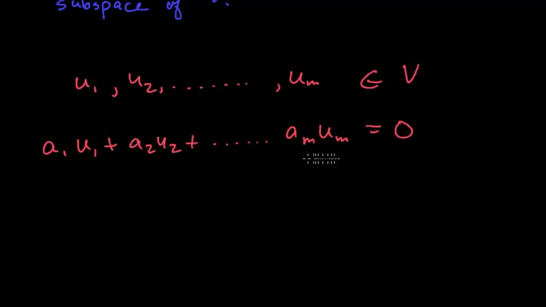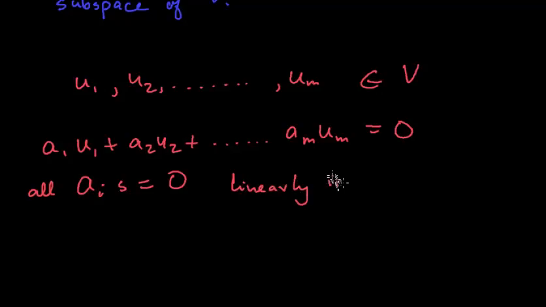If the only solution to this equation is all ai equal to 0, then obviously this is satisfied. If that is the only solution, then these vectors are known as linearly independent.